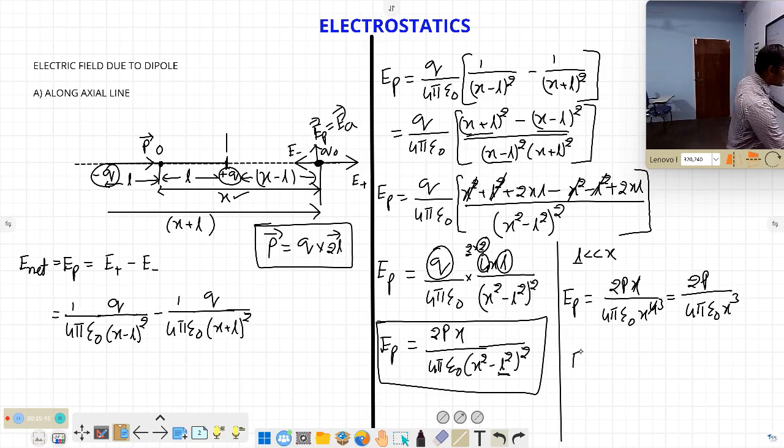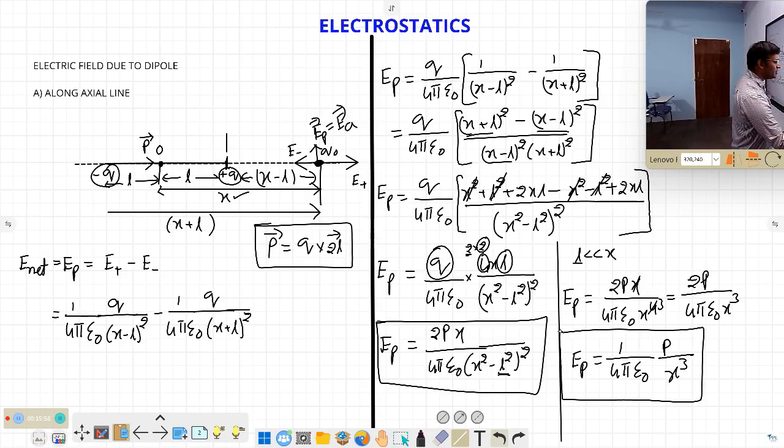So the electric field intensity at that point is 1 by 4 pi epsilon naught into p by x cube. If you observe this equation, in the case of electric field intensity at a point due to a charge, E is inversely proportional to the square of the distance.